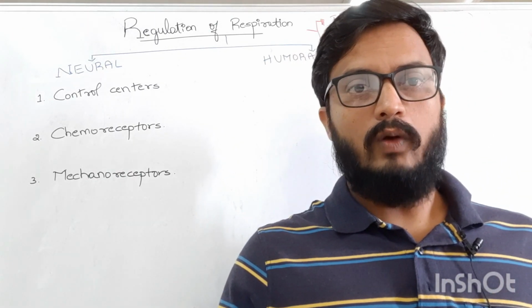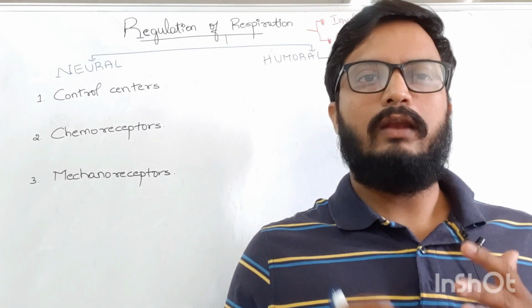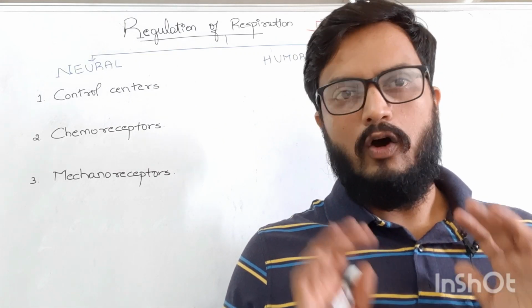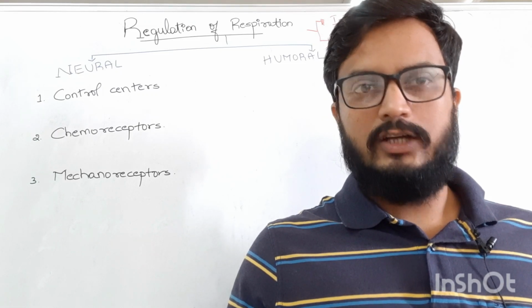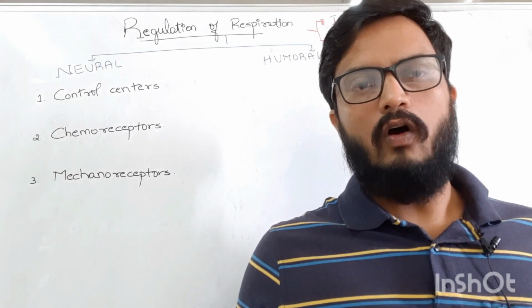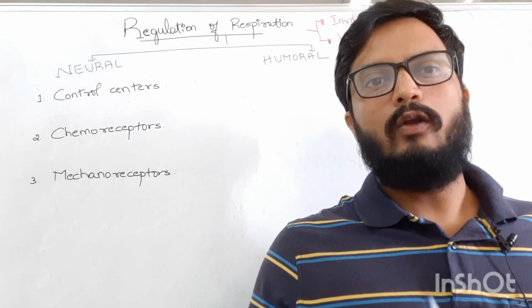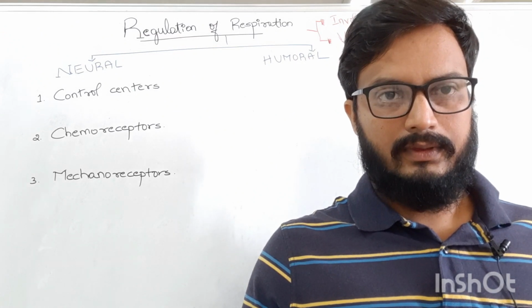However, it can also have a voluntary component. That is, we can hold a breath, or we can take more air inside, or we can expire out forcefully with conscious effort. However, it should be noted that it is not for a longer period of time. It is always taken over by the involuntary component of the respiratory process.